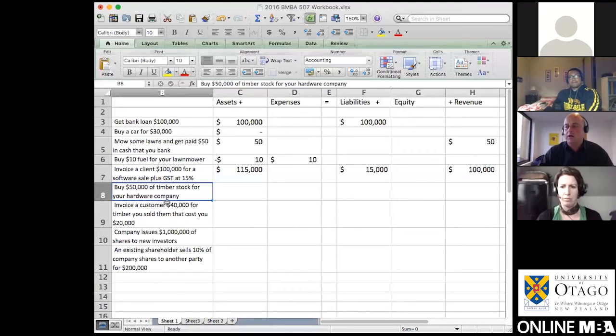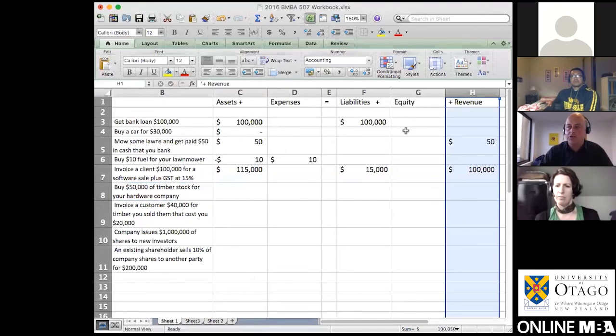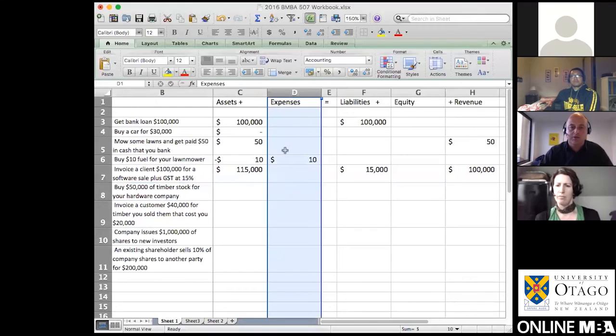So the next one, and remember, of course, with most things, like in New Zealand anyway, there is a GST context. So when we talk about financial statements, we generally express those excluding GST. And so when we're talking about revenues, they're excluding GST. Expenses are excluding GST. If we buy an asset, if we buy a truck, we get to claim the GST, so we only record the GST exclusive amount.